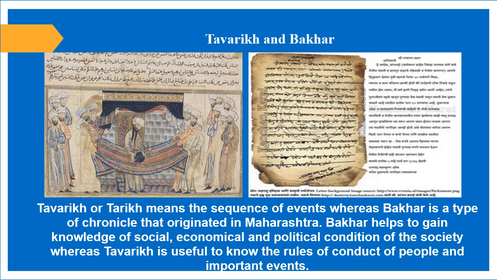Whereas emperor अकबर के बारे में जो story होगा in a sequential manner, that story is called as Tawarik or Tarikh. Now, both of the sequential stories help us to understand the social, economical, and political conditions of the society. Whereas Tarikh also helped us to understand the code of conduct and the important events that happened in that era.